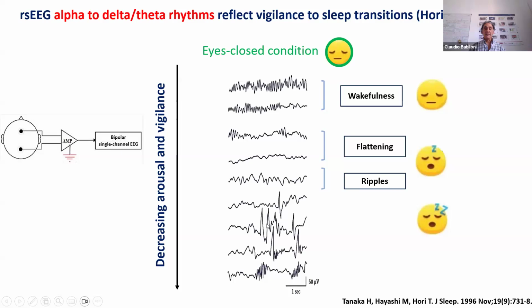And you see some vertex sharp electroencephalographic activity, some peaks, and then big peaks, K-complexes, and also these bursts of oscillations reminiscent of alpha rhythms, which are the spindles of the light sleep.